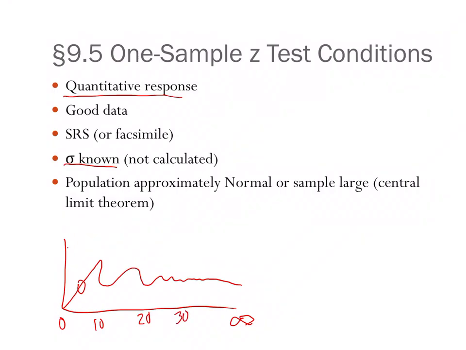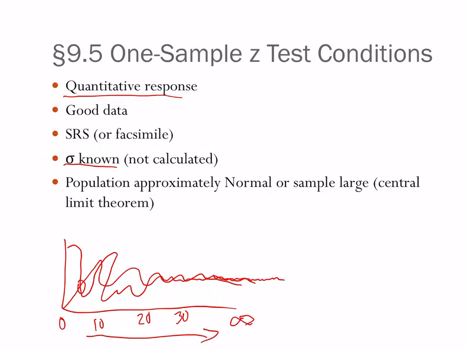Then you have another sample and it goes like this. You could be all over the place. But as the central limit theorem states, as you increase your n, the sample size, you get closer and closer to the actual true value of what you're looking at, and this is the population being approximately normal.